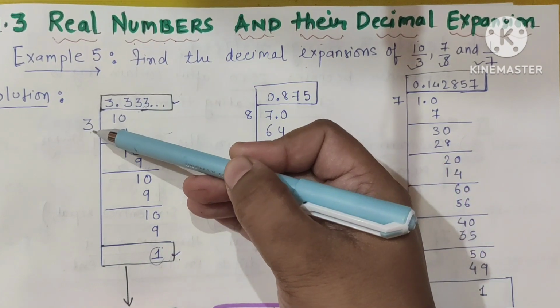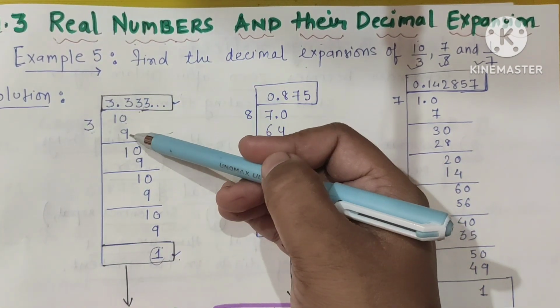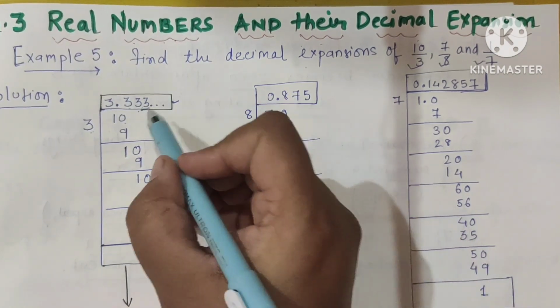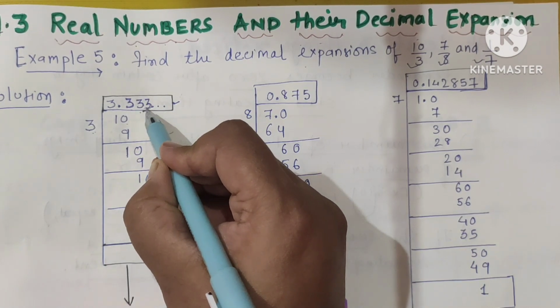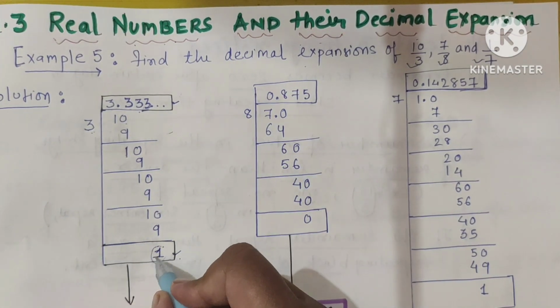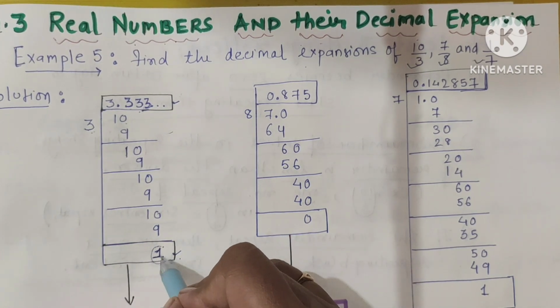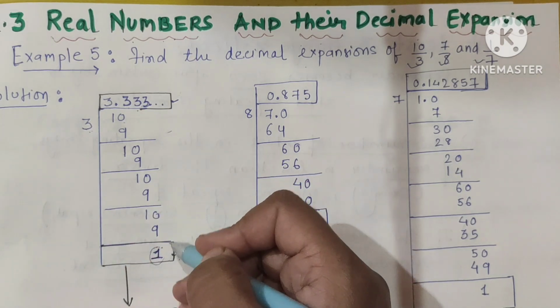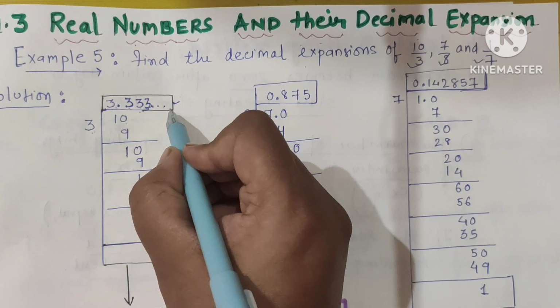Here 10, so 3 3s are 9, then 1 remaining. Then the pattern is repeating, okay, and whenever you get the remainder, it will be 1. So here the quotient is 3.333 and so on.